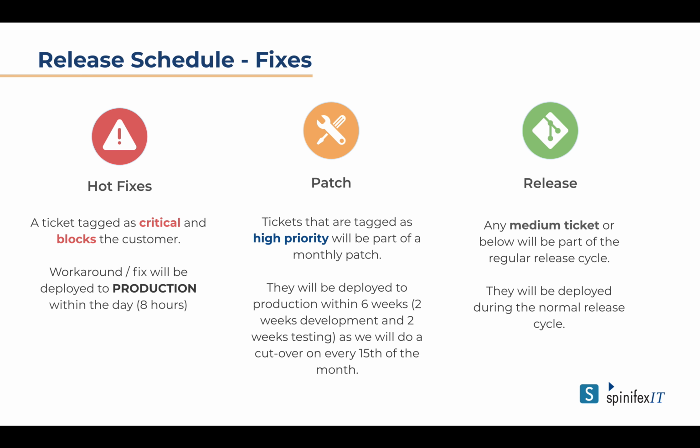We have a development cutover every 15th of the month for which tickets will be included in a patch. And if an issue is raised as a medium ticket, it's not really an issue, but more of a nice to have, but it's still annoying, so all these tickets will be part of the regular release cycle.